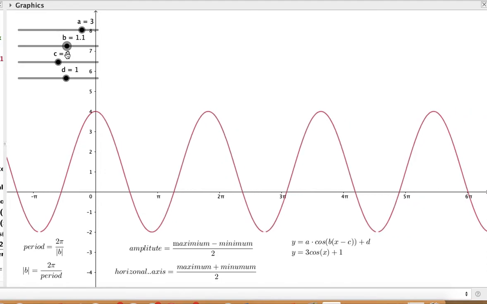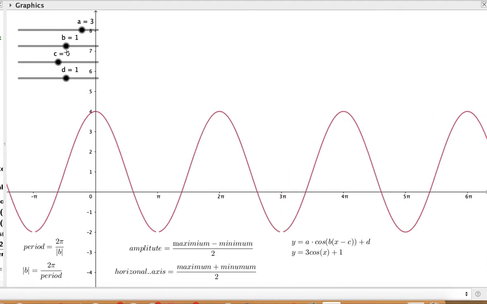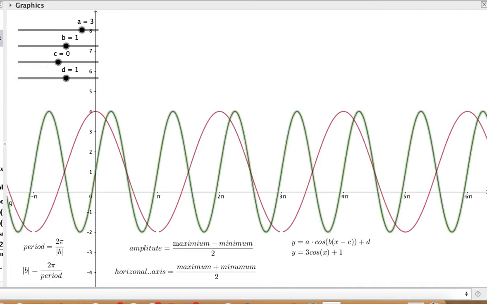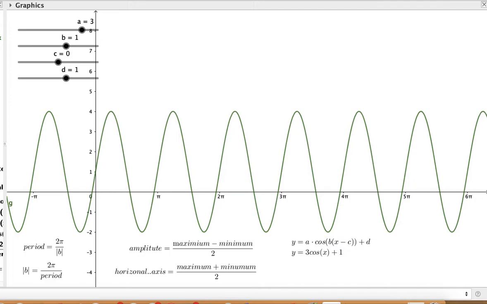So let me jump over to the graph that I'm trying to graph. Now, what is the period of y equals 3 cosine x plus 1? Well, the period is still 2 pi. We haven't changed anything from the cosine wave. So I'm quickly going to try to deduce what is the period here.